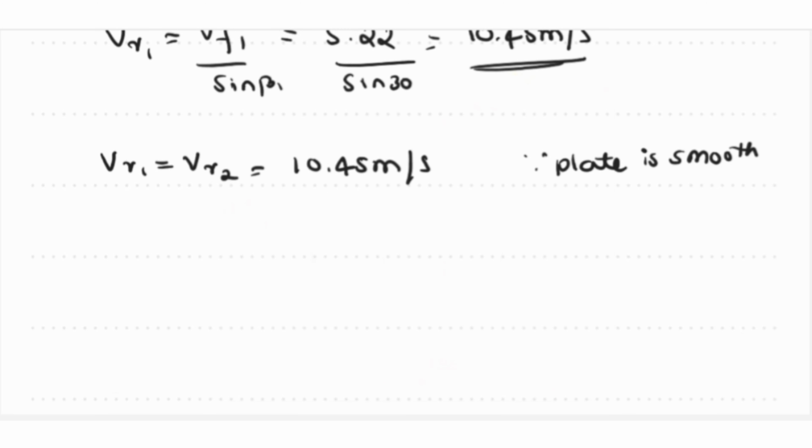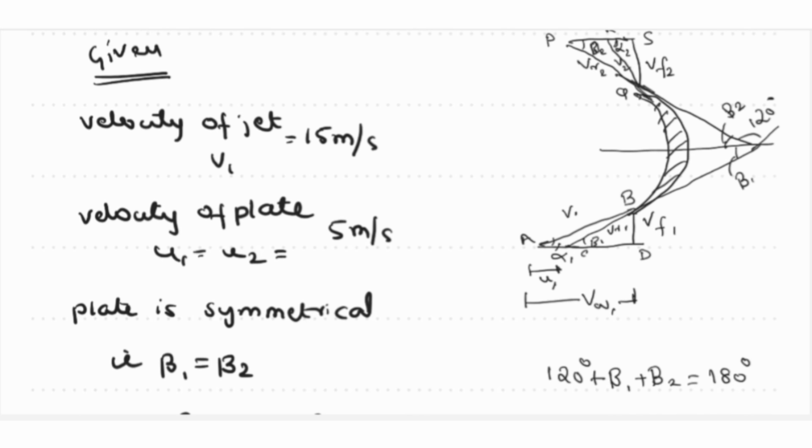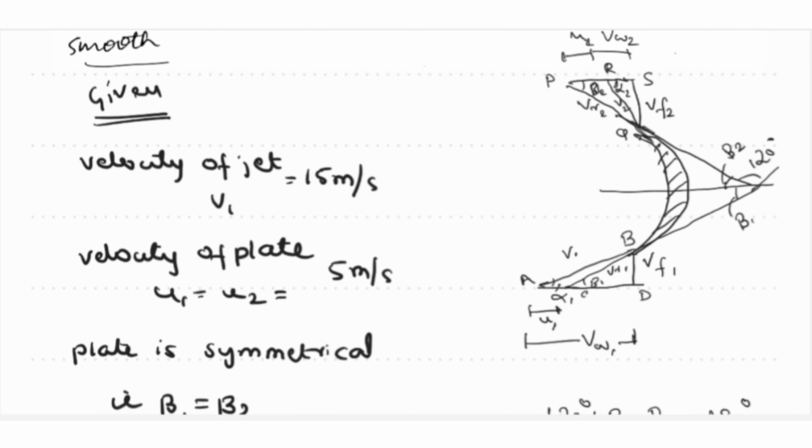Moving to the outlet triangle, in the question we need alpha 2, that is the direction of absolute velocity, and also we need V2 in magnitude and direction. Now we know VR2, so we can calculate the remaining things very easily.